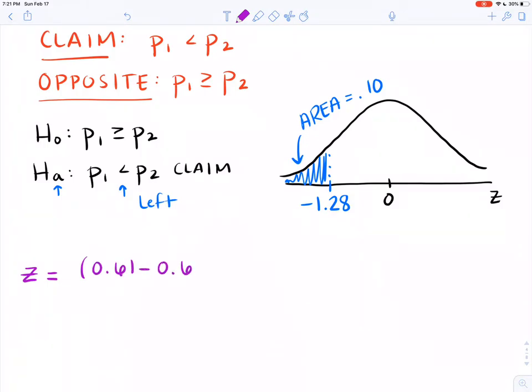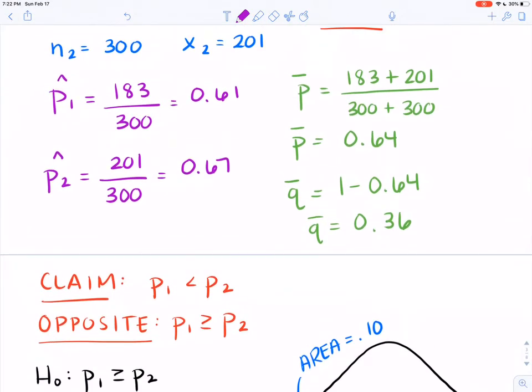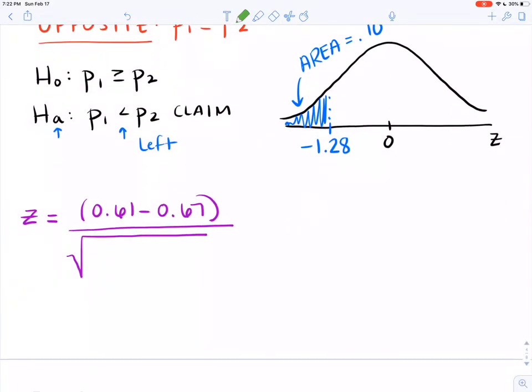I'm going to take the difference between those two. I'm going to divide this by the standard deviation, which for comparing proportions, I'm going to use the weighted values of P and Q. So I'm going to take my 0.64, multiply by 0.36, and then multiply that by 1 over the sample size for each group.